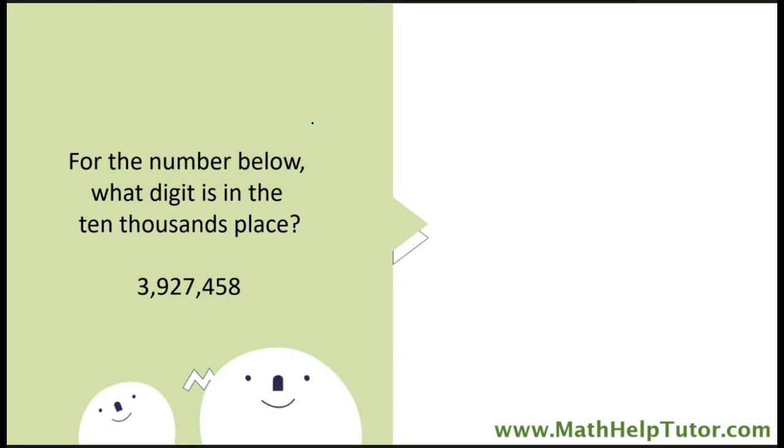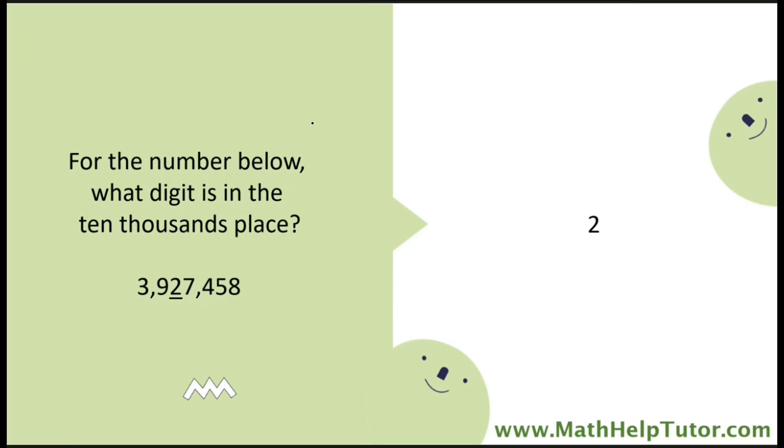For the number below, what digit is in the 10,000s place? The answer is 2. Since this is the ones place, this is the tens place, this is the hundreds place, this is the 1000s place, and this is the 10,000s place, which is 2.